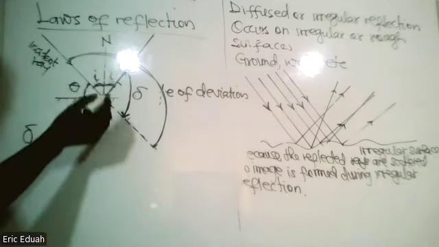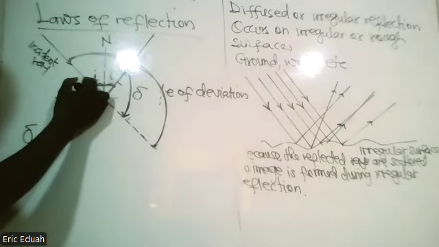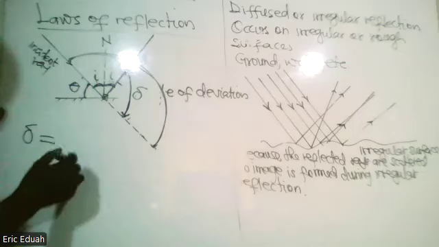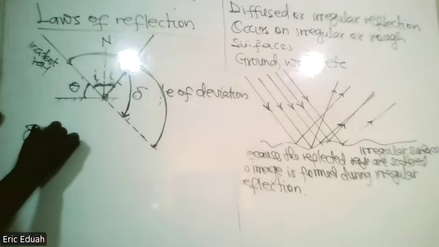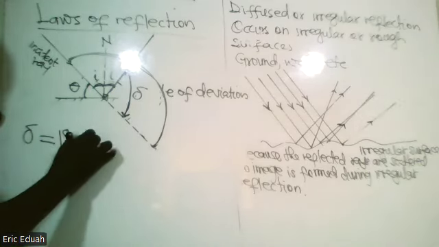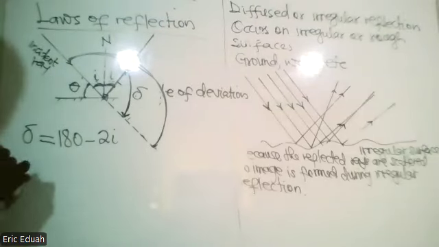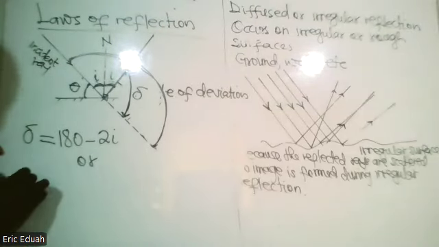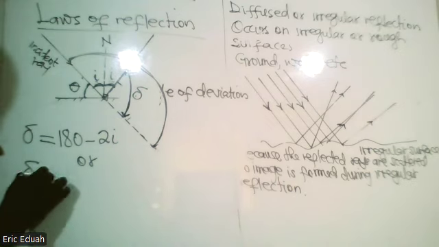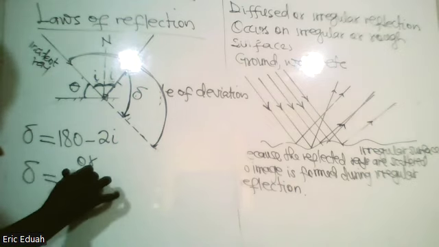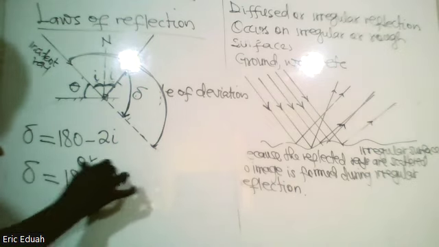So when we subtract this angle from 180, we can get this. So sigma will be equal to 180 minus 2i, or 180 minus 2r.